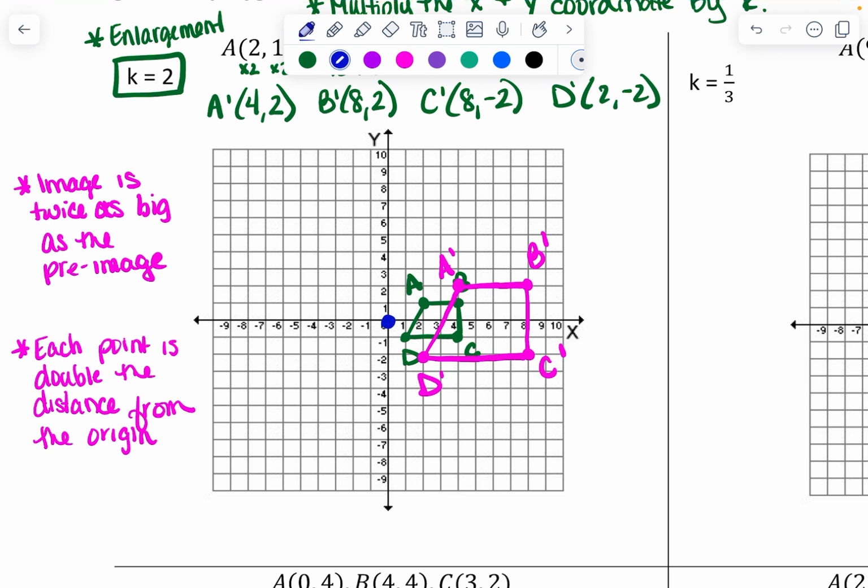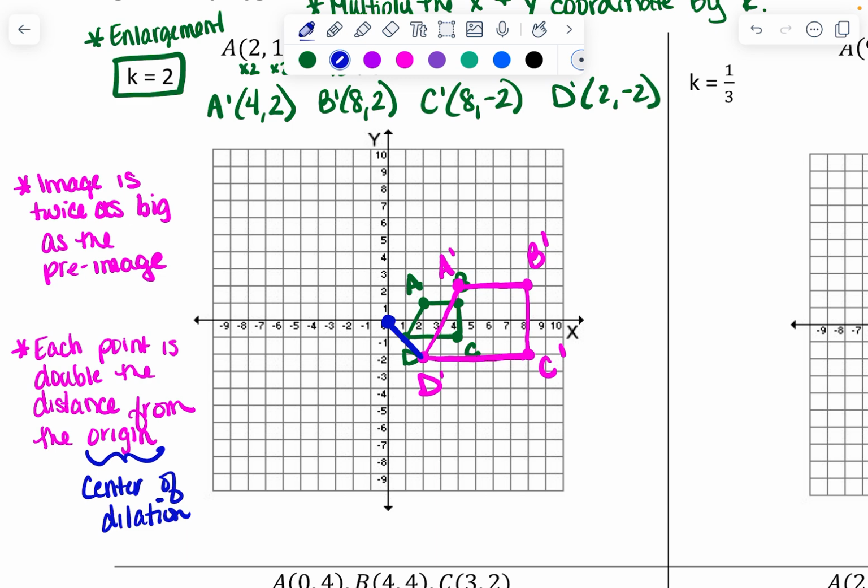And the reason why it's double the distance is because the origin is always going to be our center of dilation, just like we had a center on the front side. Take a look over here at D. D is this many units away, kind of 1 diagonal. And look, D prime is 2 diagonals away. So again, that scale factor not only makes it twice as big, but it doubles the distance away from the center of dilation.